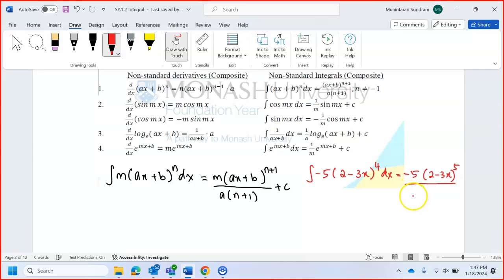Excellent, times by 5 plus your c. Always give your answer in simplest form. That will give you 1 over 3 times 2 minus 3x to the power 5, plus c. Are we okay, people?